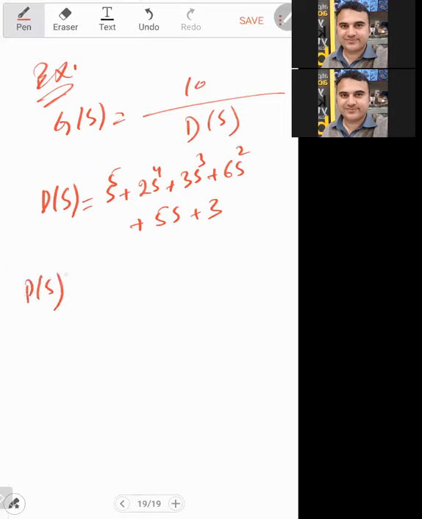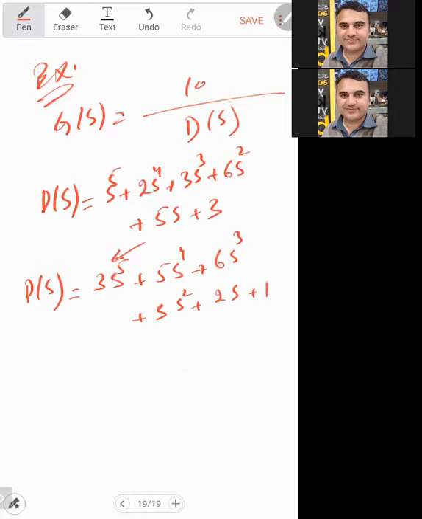So the new polynomial P of s will become equal to 3 s power 5 plus 5 s power 4 plus 6 s cubed plus 3 s squared plus 2 s plus 1.